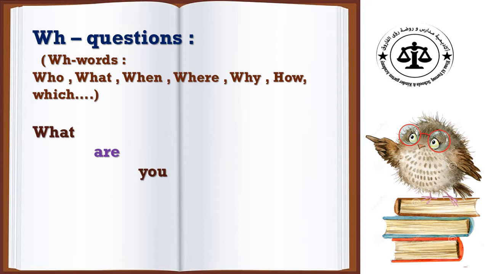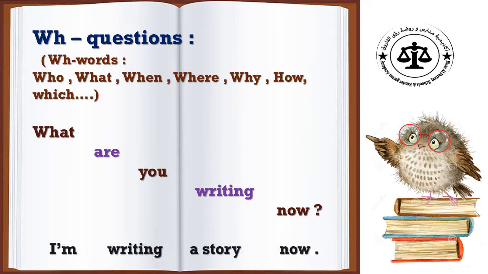What is the kind of the verb that we use in continuous tense? Excellent. Verb ing. So here we have writing. What are you writing? Now the answer should be in continuous tense. As we see here, this is the answer. I'm writing a story now.